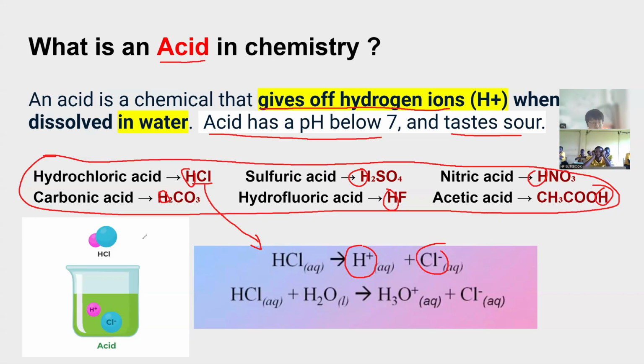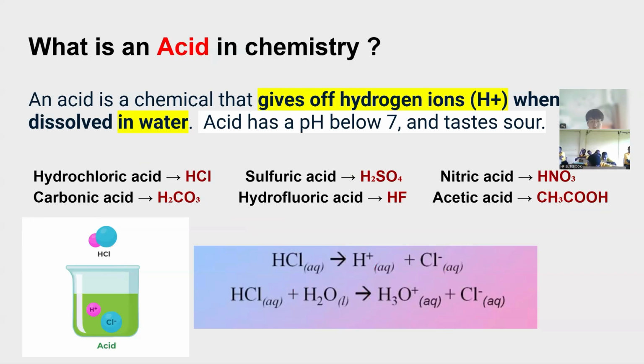You can see in the picture on the left, when HCl is dropped into water, it gets separated into hydrogen ion and chloride ion. That's why it's called an acid. It can also be written like this, which just considers adding the water. But all acids give off hydrogen ions when in water.